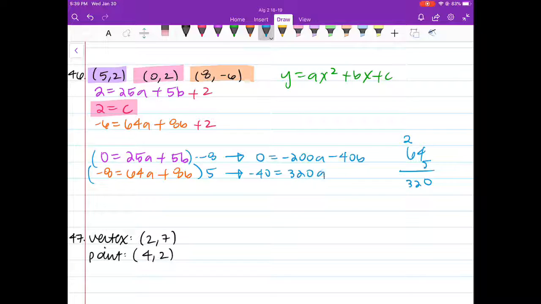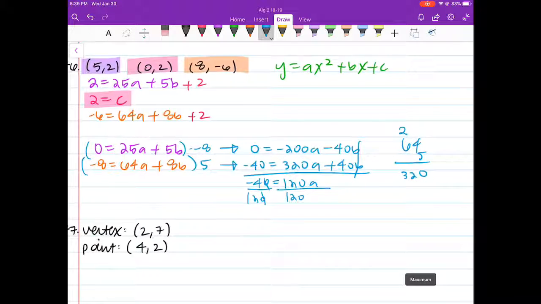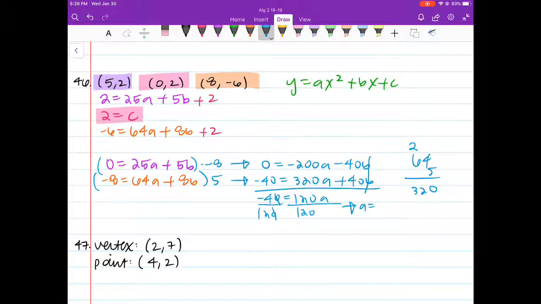How exciting. Plus 40b. Now this is good news because our b's cancel. So I have negative 40 equals 120a. When we divide both sides by 120, we find, zeros cancel, negative 1/3. Oh, good. Fractions. So a equals negative 1/3.